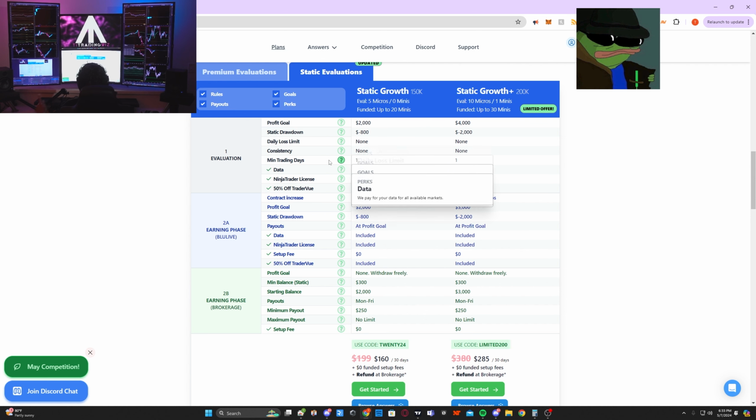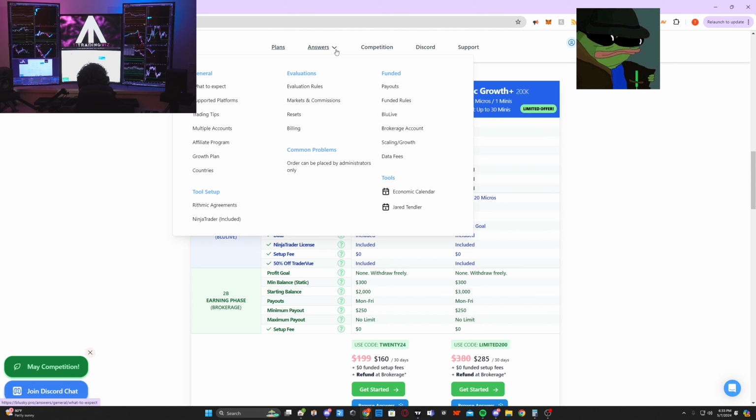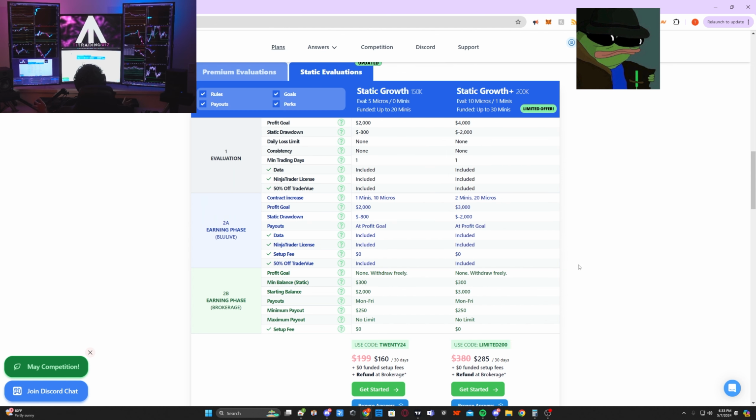Now, the other interesting thing about BluSky, which a lot of people don't talk about, is that they allow automation, which not very many prop firms do. I think there's only two that I know of that allow that. BluSky is one, and there are people inside the QuantVue community that have passed their evals and have funded accounts from complete automation. So that's pretty cool.